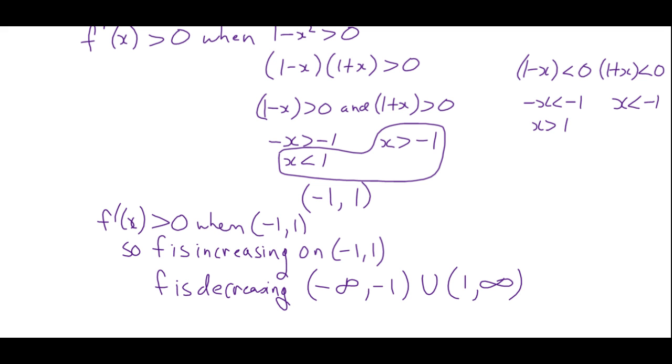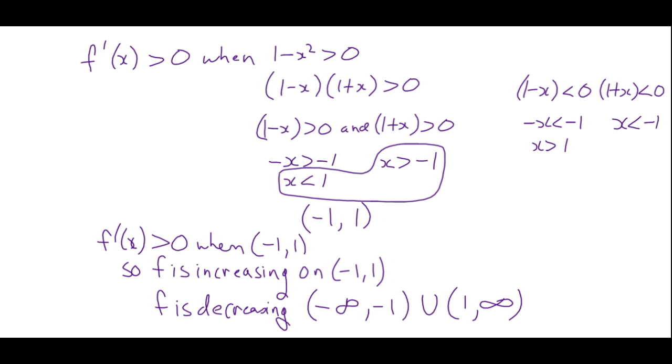Next thing we want to find, local maxes or mins. We'll go to another page. That's f. Okay, well, looking at part E, which I just got rid of, and the first derivative test, if it's decreasing and then it's increasing, then there's going to be a local minimum at -1, right?